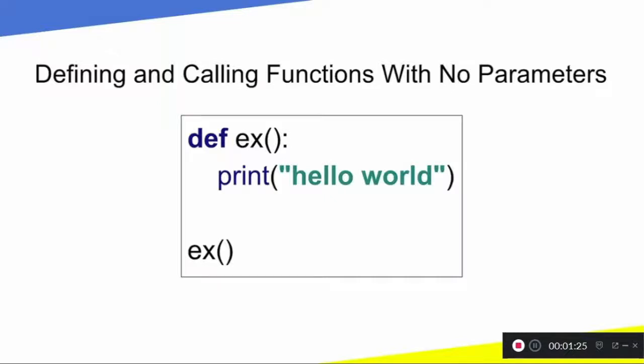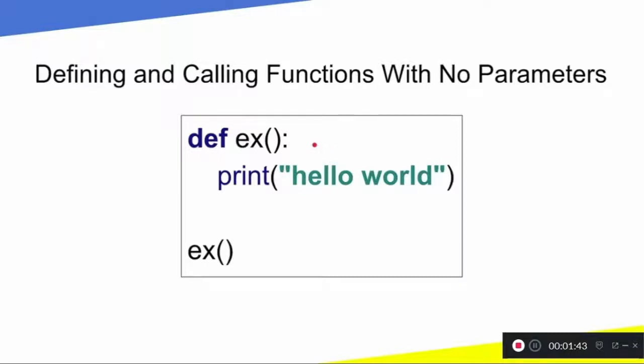So here def ex, then brackets, and then we are using print, then in brackets we are typing hello world, which is the string that we want to print. Whenever we want to print hello world, we can use ex.